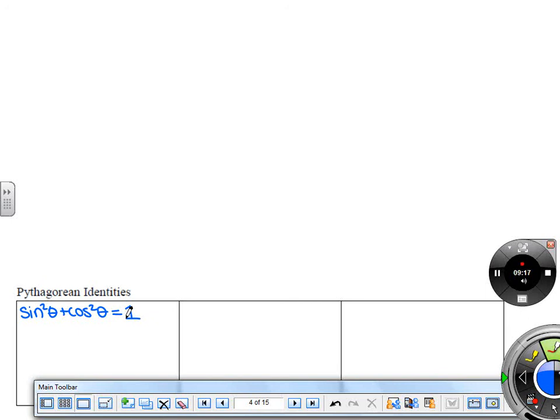But if sine squared plus cosine squared theta equals 1, can somebody rearrange this and tell me another rule that's true? Julia? 1 minus sine squared. Good. So 1 minus sine squared theta equals cosine squared theta. Do you guys see how this is the same as this? She's just moved something from one side to the other. So what's another version of this that we could write? Helen? 1 minus... Good.